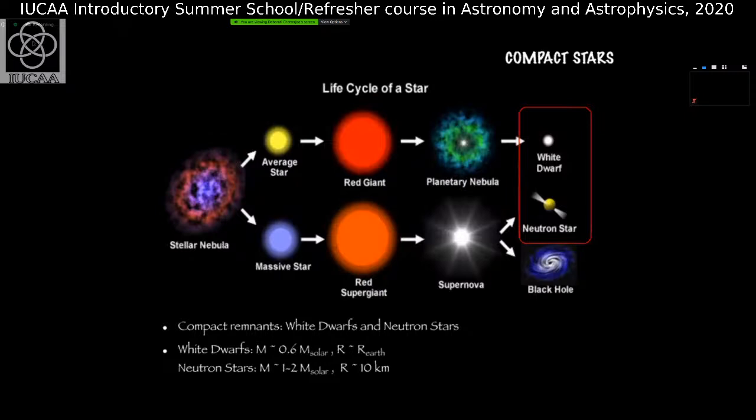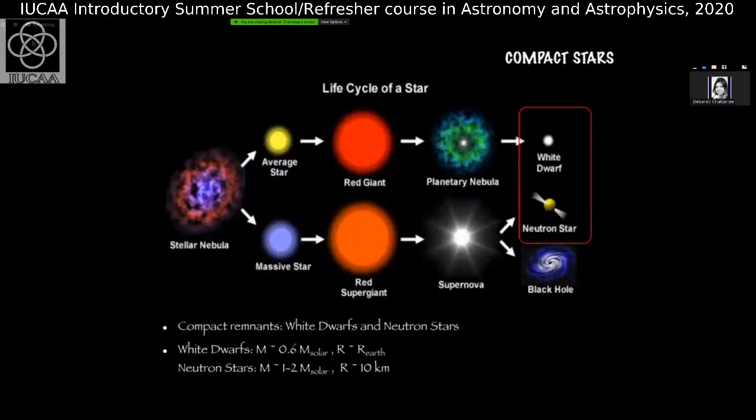That's the reason. And so white dwarfs typically have masses of about half that of the sun, concentrated within a small radius of only about the radius of the Earth. So you can imagine if you compress half of the sun into a small radius of that of the Earth, the densities will be extremely high.